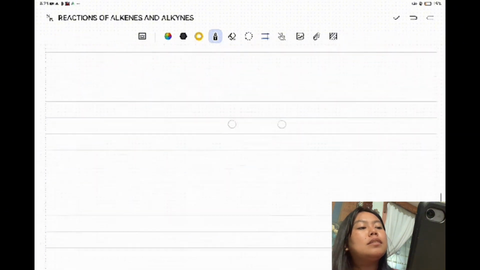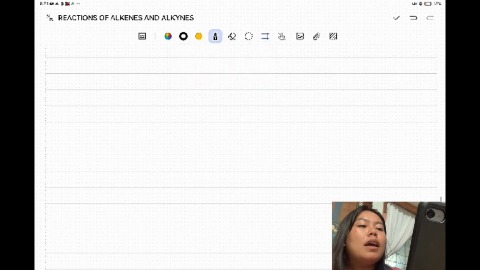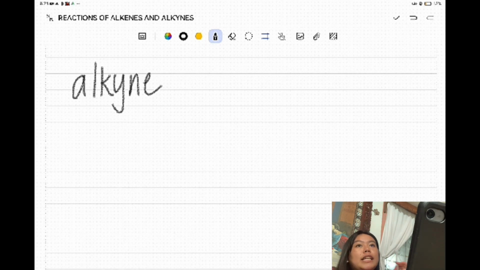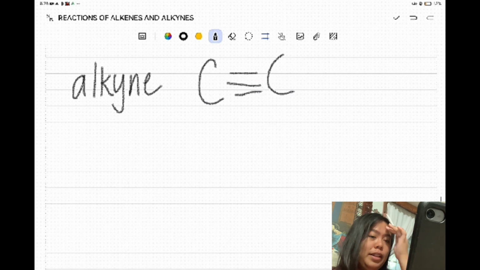Okay, let's move on to alkynes. We all know that alkynes are also unsaturated hydrocarbons with at least one carbon to carbon triple bond.